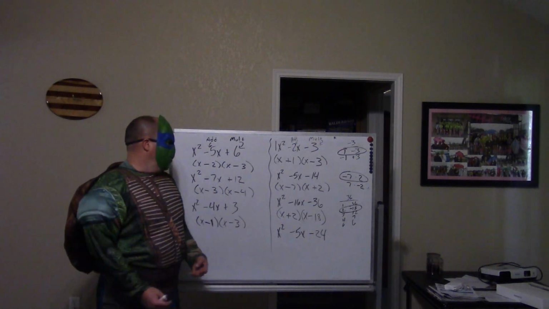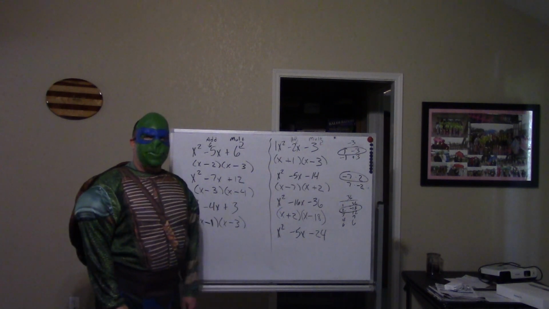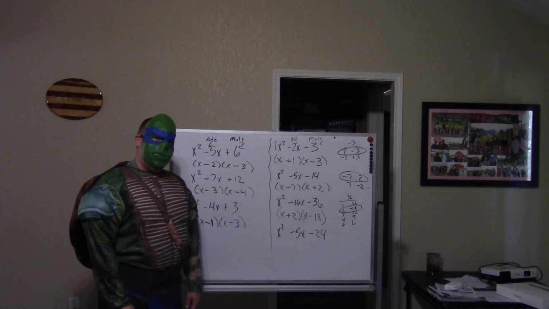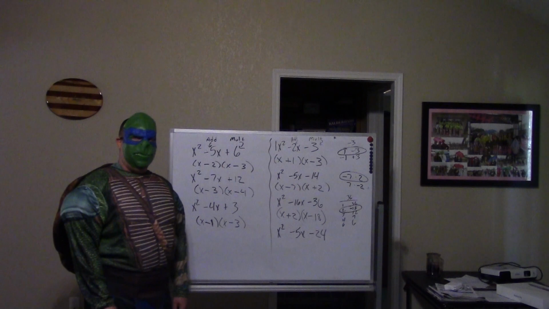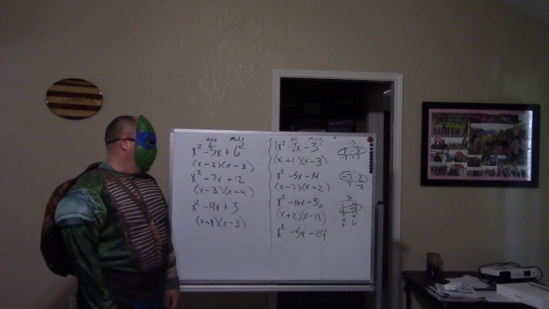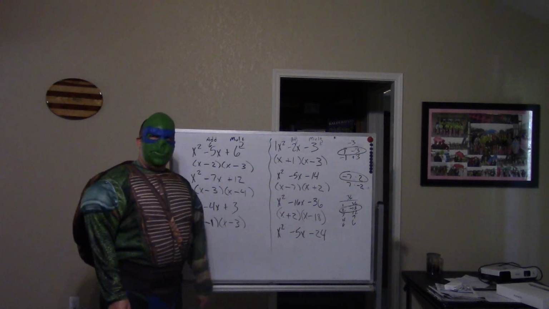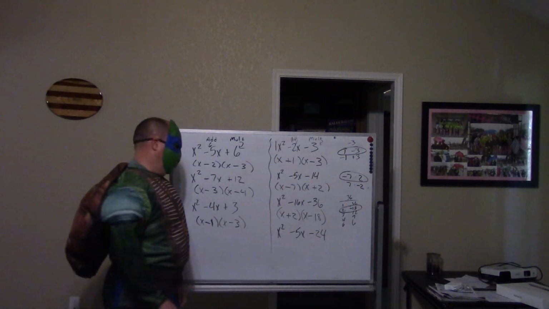Alright, and then the last one. If you want, you could pause it real quick, see if you can get this right before I explain it. So we've got x squared minus 5x minus 24. Once again, a lot of different ways to get 24. So you're going to have to make a list just like we did over there. The better you are at your times tables, the easier this is going to be.